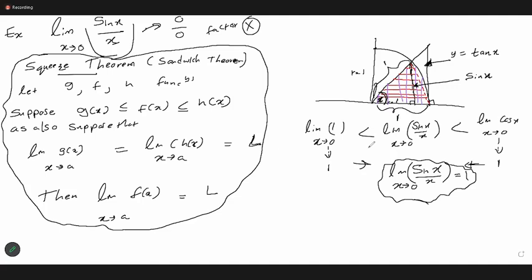Okay, now you know the limit of sin x over x when x approaches 0 is equal to 1. Let's use this one for an example.